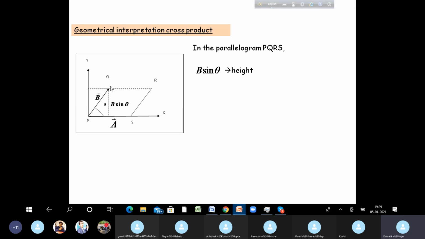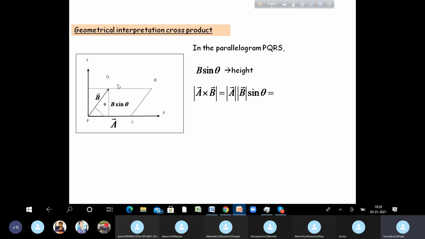You can see from this figure that B sine theta is the height of the parallelogram. Correct? B sine theta gives you the height of the parallelogram. Therefore, when you take the cross product A cross B, you get AB sine theta, but magnitude of A is the base.